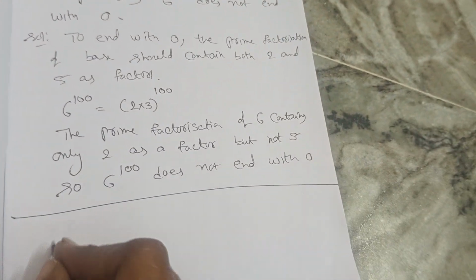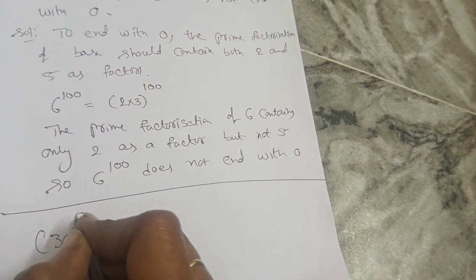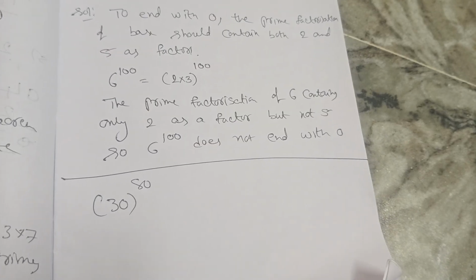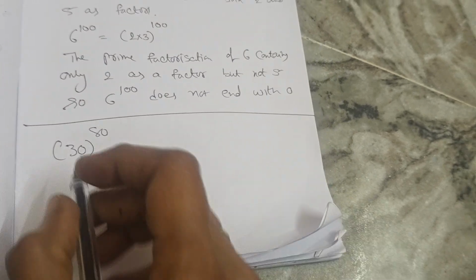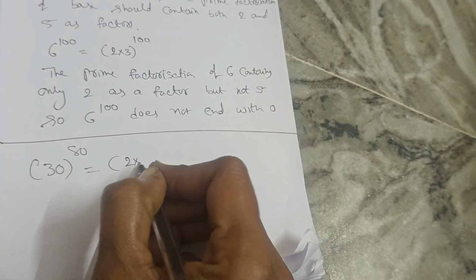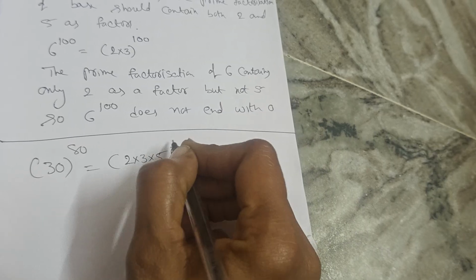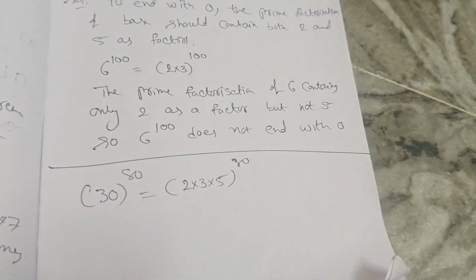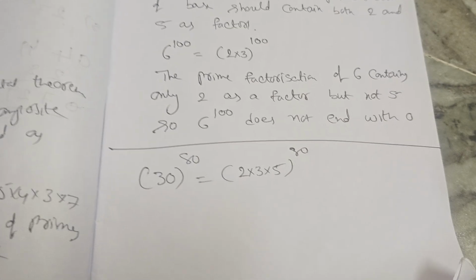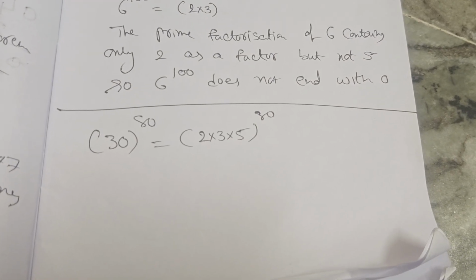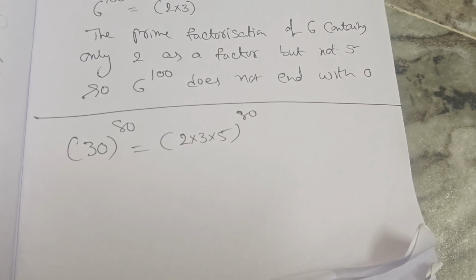In the same question, if they ask 30 power 80, does 30 power 80 end with 0? First you do prime factorization of the base. 2 into 3 into 5 whole power 80. 2 3s are 6, 6 5s are 30. You see the prime factorization of the base contains both 2 and 5 as factors. Don't think about 3.